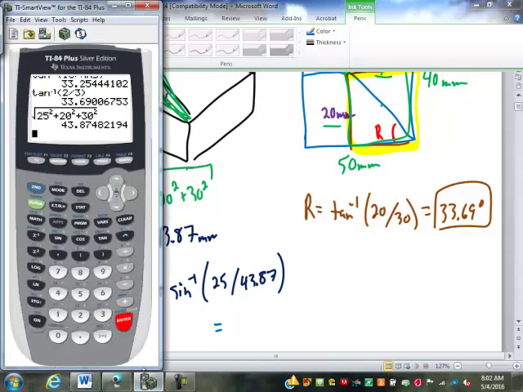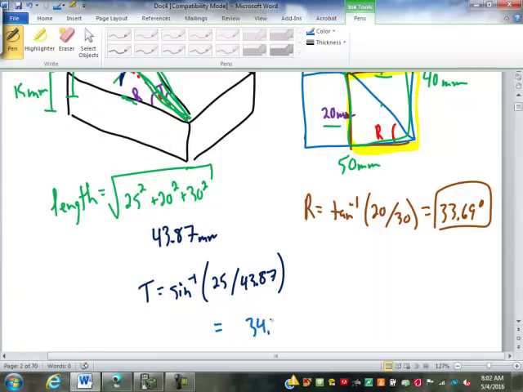So that comes out to be 34.74 degrees. What do you think? Doable?